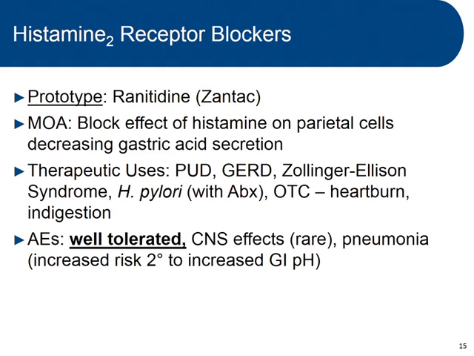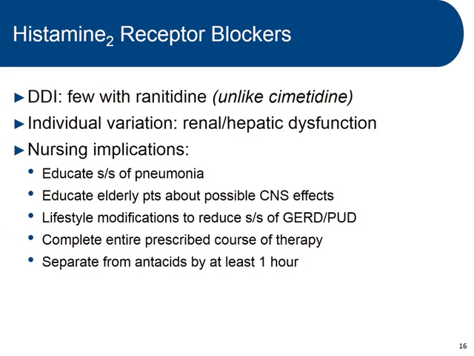So in certain patients who might be prone to pneumonia, we probably would avoid these medications. Patients with COPD, where they might be at risk for pneumonia, we would want to avoid these drugs if we could. Drug interactions, very few, except for cimetidine. That particular drug does have quite a few drug interactions.